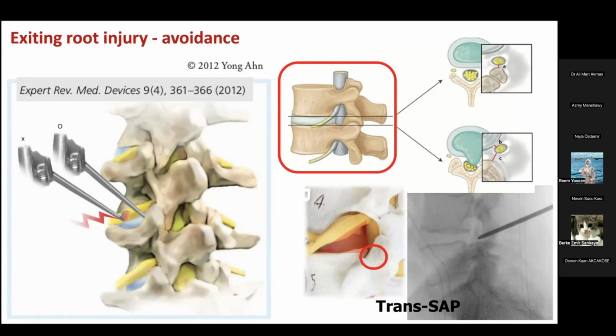Before I did trans-SAP procedures, I think I had 3 to 4 exiting root injuries out of 100 cases. After I started trans-SAP, I had only one single exiting root injury in more than 300 cases. So this gives you a pretty good clue that this is much safer to do it this way.